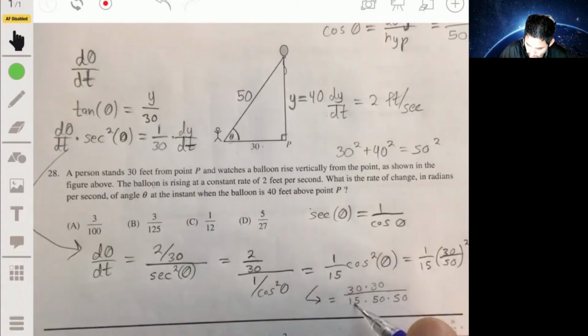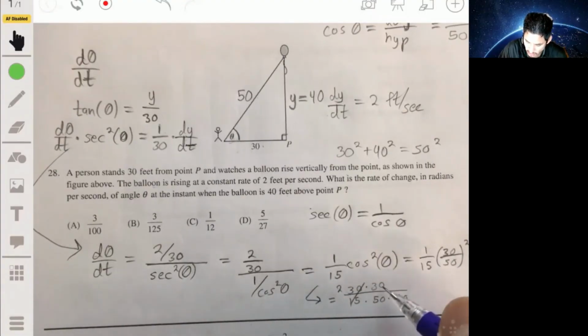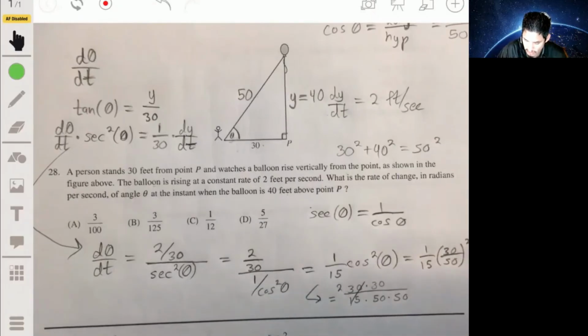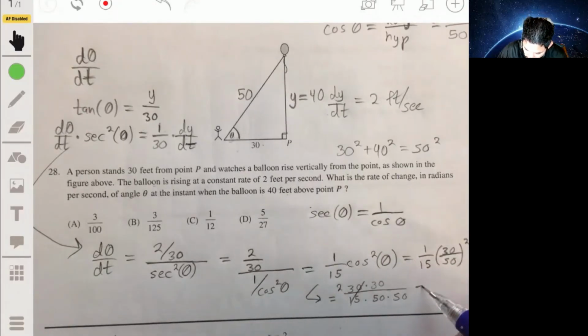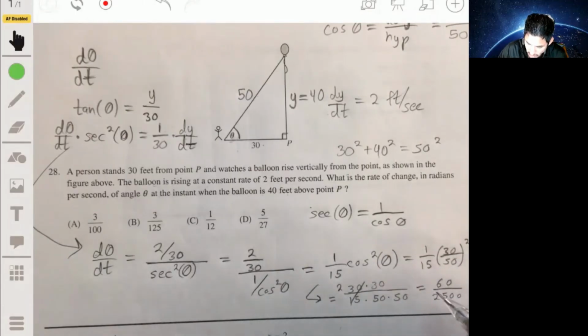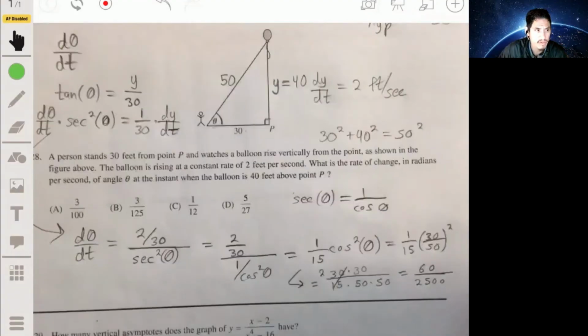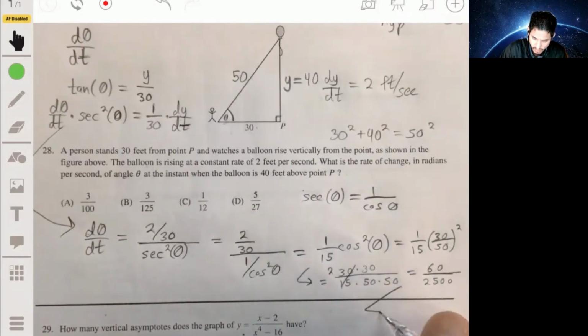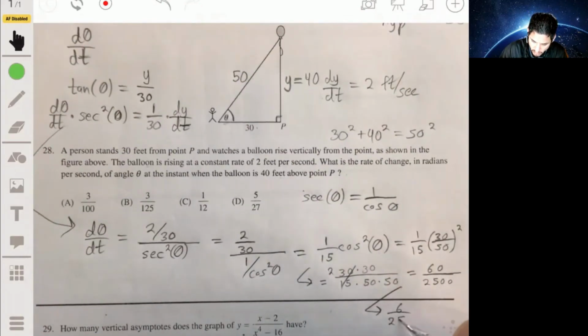So 30 over 15, that'll just be 2. Then you have 30 over 50 times 50. So then you have just 60 over 50 times 50, 60 over 2,500, or 6 over 250, which would be 1 over 125.